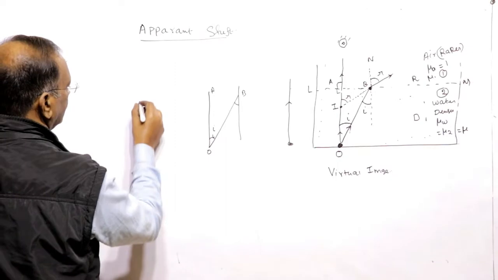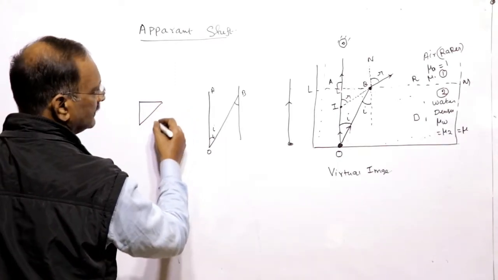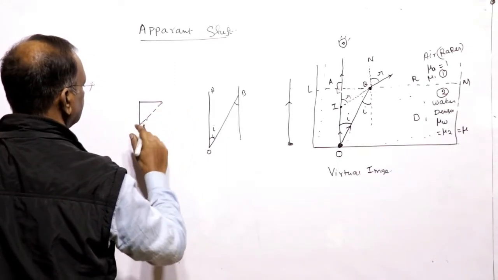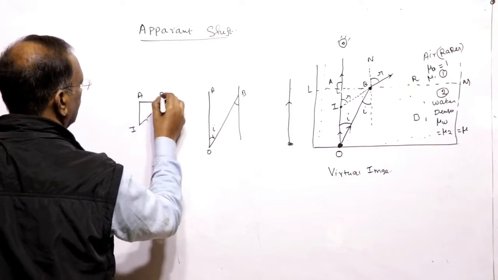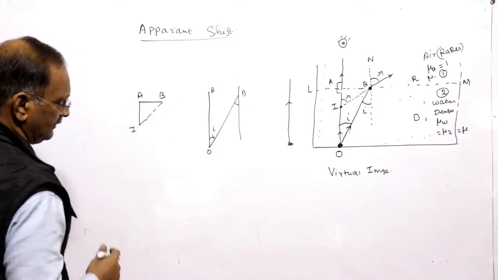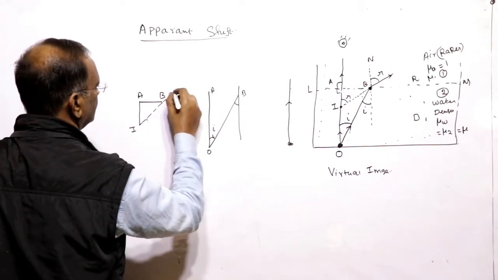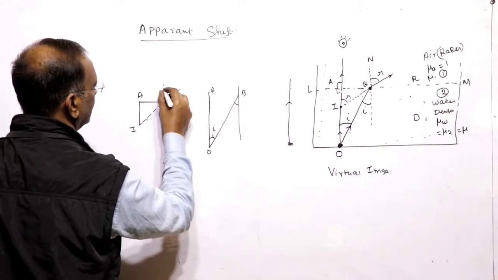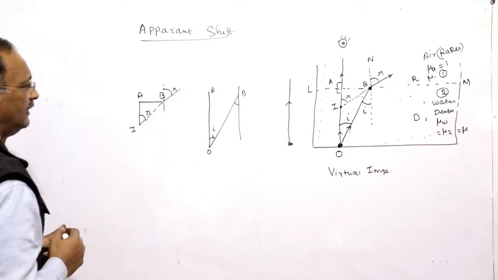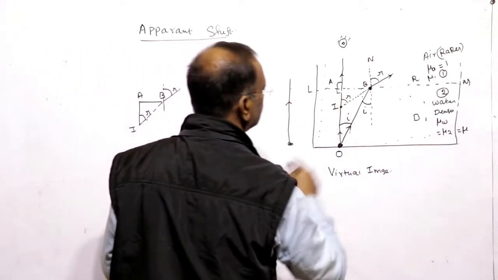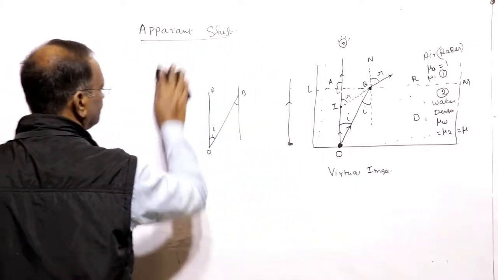Because A, B, and it is the extended image. This is I, this is E, and this is B. In that case, here also this is the refracted ray, this is the normal. If this is R, this will also be R. That's why this angle is equal to R.